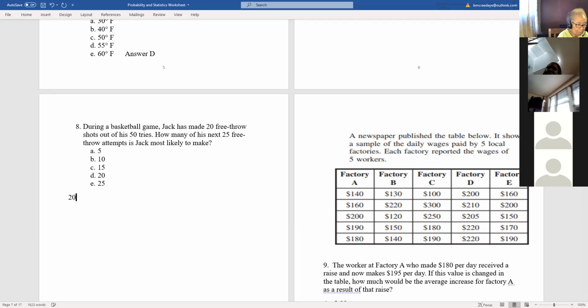Fraction. 20 over 50 is equal to what? What is the simplest form of the fraction? 20 divided by 50, 20 over 50, 2/5.